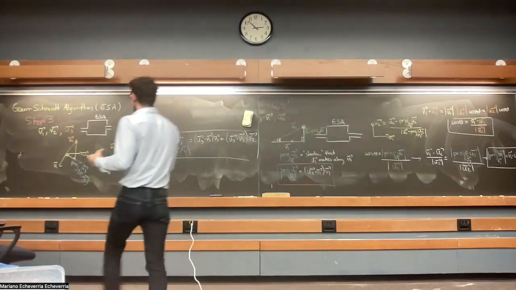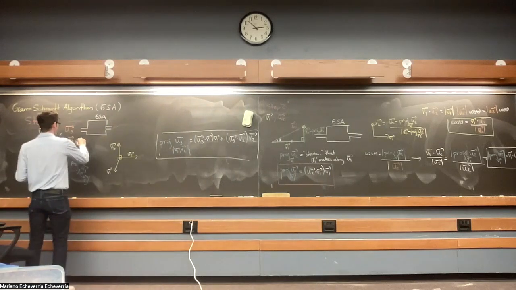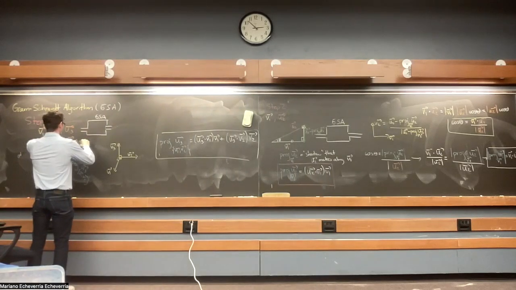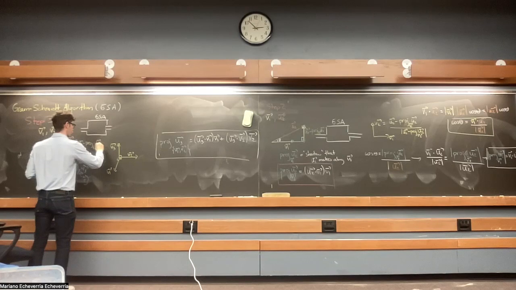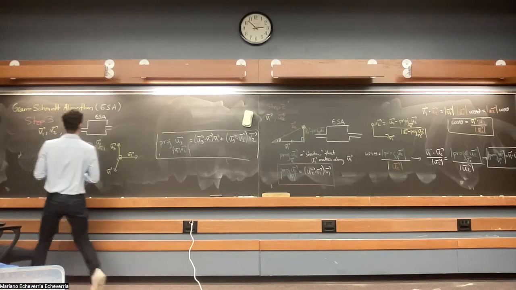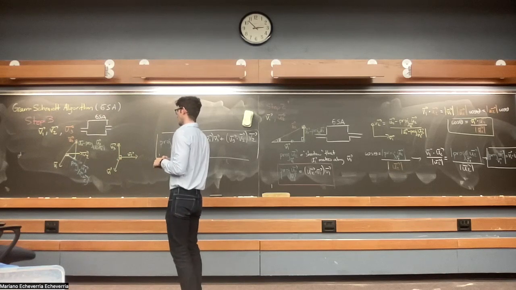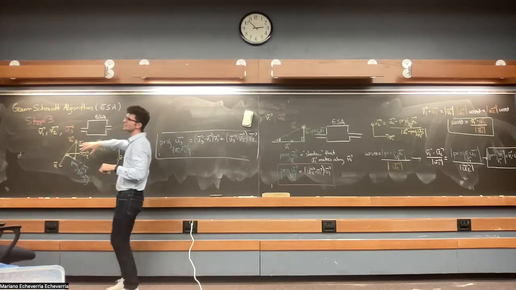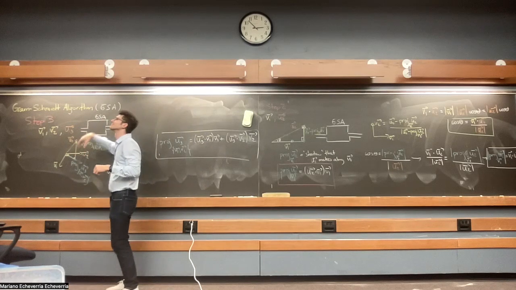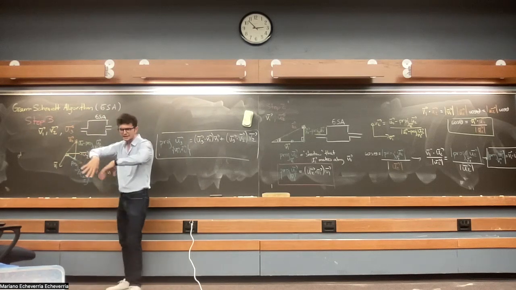By the same logic, this green vector is U3 minus the projection of U3 along V1, V2. But the problem is that this one may not have length 1, so you have to rescale it.